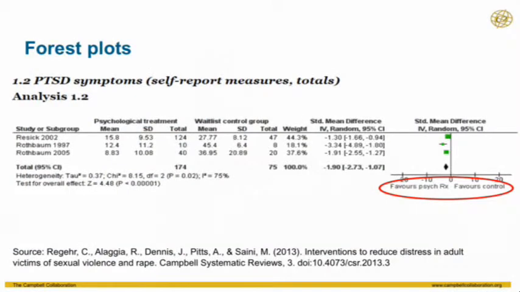So if this label were not on this axis, I might say, oh, there's a negative mean effect size. That's a bad thing. Maybe these treatments are having negative effects on PTSD. But no, we can see here that negative effect sizes indicate that there is a beneficial treatment effect. So it's very important to make sure that you label that axis, because that can have very important implications in terms of how your readers interpret your results.